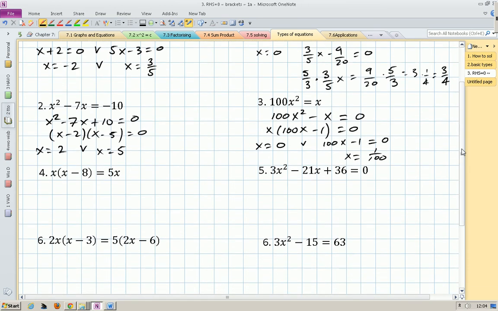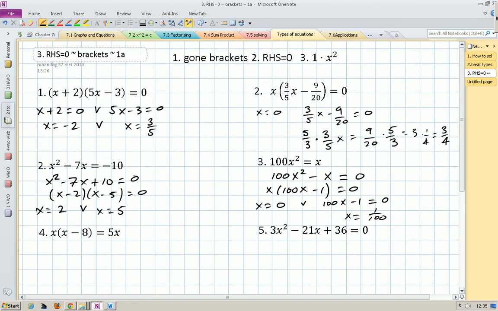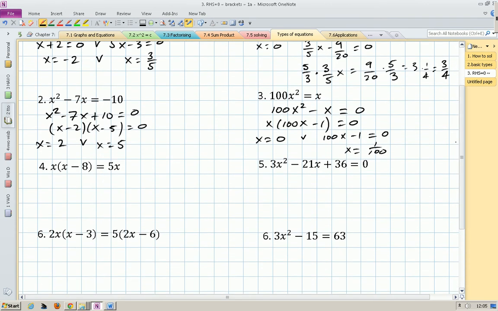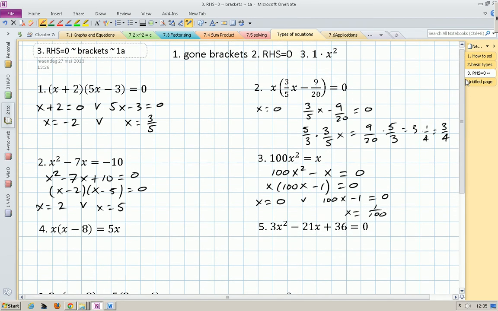Now here is the first one where we need to get rid of the brackets first. Notice that on tests you'll have this often. You'll have two of these, and one will say equal to 0, and one will be equal to something that's not 0. When it's equal to 0, you're there, because the answer to this is x equals 0 or x equals 8. But the answer to this is quite different. You cannot draw any conclusions about x because this 5x is here. In other words, we must follow the steps up here.